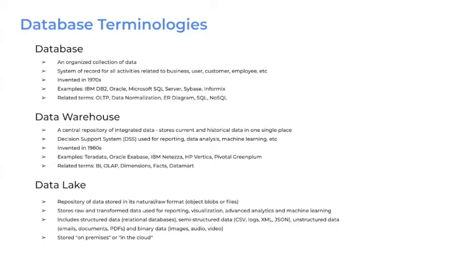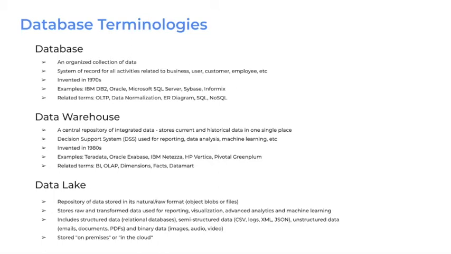In the last 2 decades, many new entrants came in: Netezza, Vertica, Greenplum. Many of them are not so relevant in today's context, and we will discuss that as well.